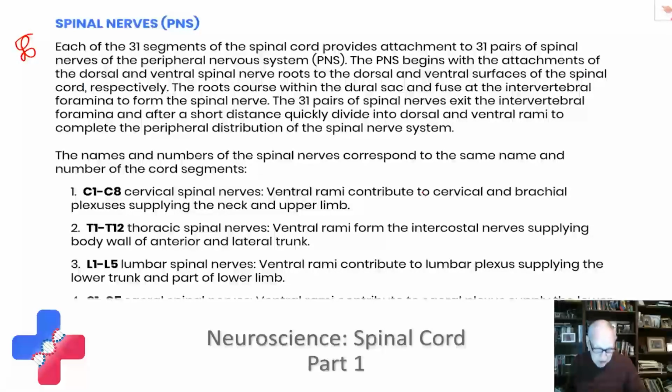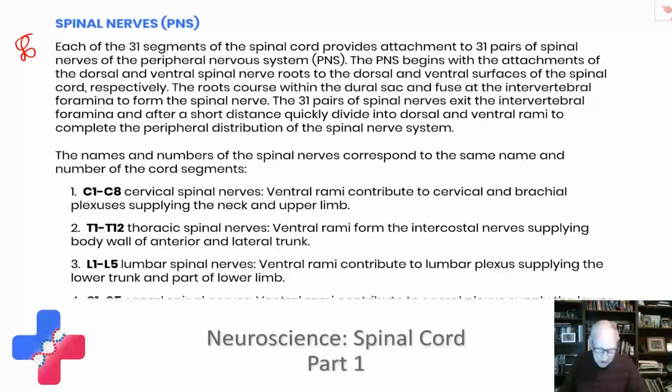Most of our discussion will be with the spinal cord itself, but we need to remind you of some of the basic information relative to this component of the peripheral nervous system, the spinal nerve systems. As you well remember from your previous studies, when the spinal cord develops, it develops in a series of segments.